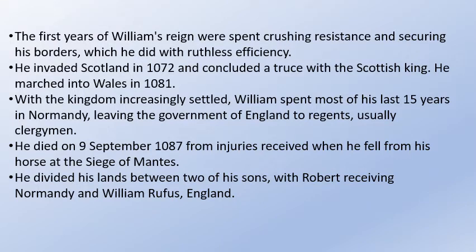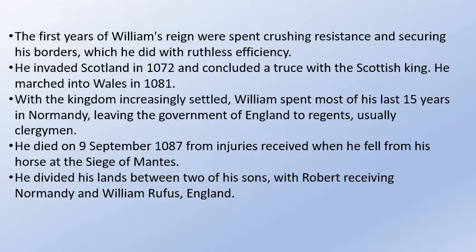The first years of William's reign were spent crushing resistance and securing his borders, which he did with ruthless efficiency. He invaded Scotland in 1072 and concluded a truce with the Scottish king. He marched into Wales in 1081.